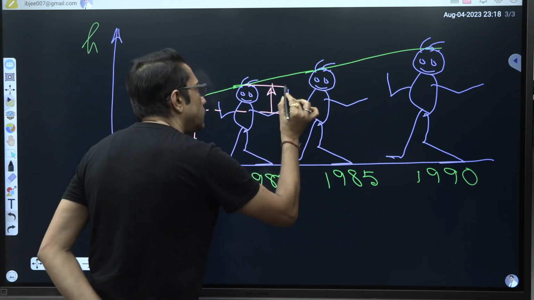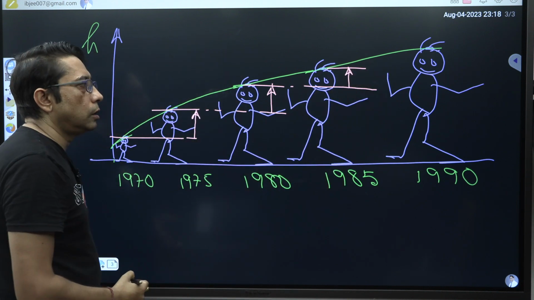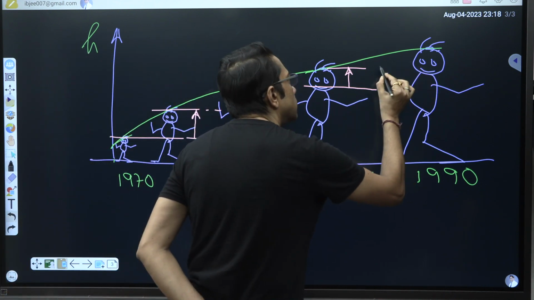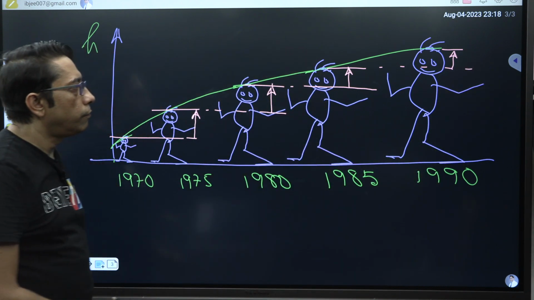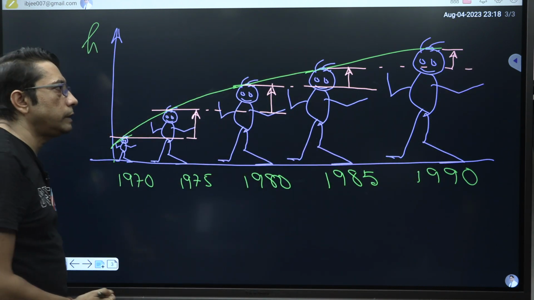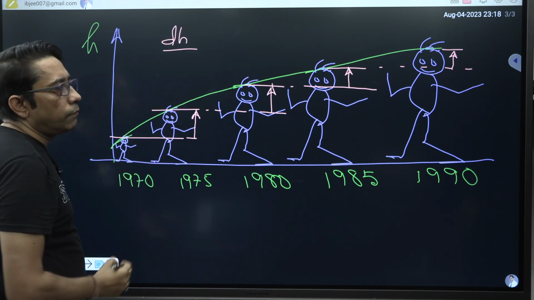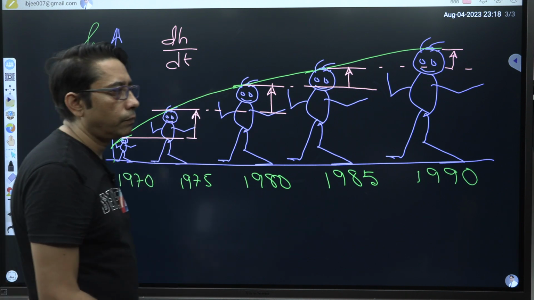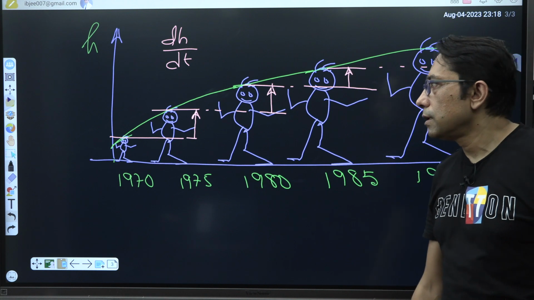And after the next 5 years, his height grew a little taller, which is again less than the previous 5 years. And further smaller. What can we say? The rate of growth of Shah Rukh Khan with respect to time after 1970: increasing, decreasing, constant?